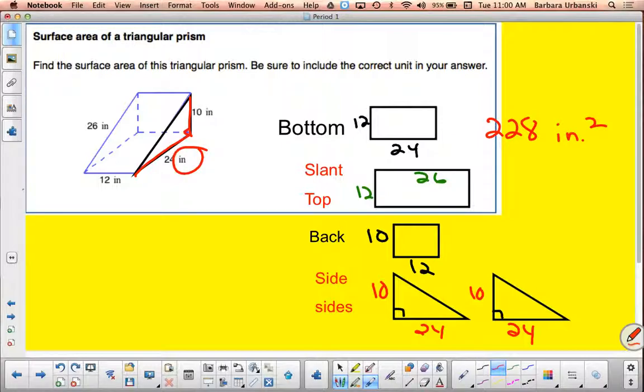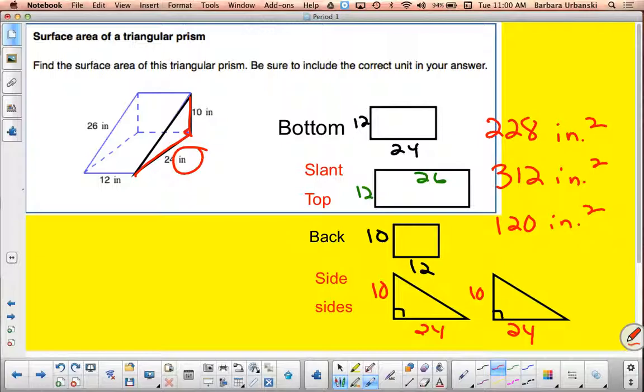The next one we have is going to be 12 by 26, and we get 312 inches squared. The next one, the back, is a 10 by 12, so 120 inches squared.